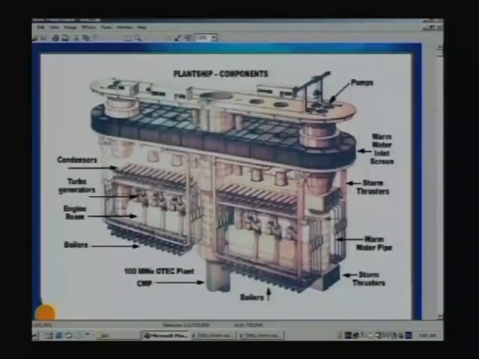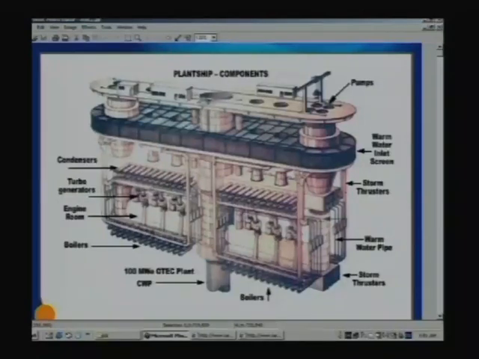These would be the condenser tubes, and the warm water is actually going like this, and you have the boiler part down there. So, warm water is taken in, goes in, and here you have the boiler. After the boiler you have the turbines.